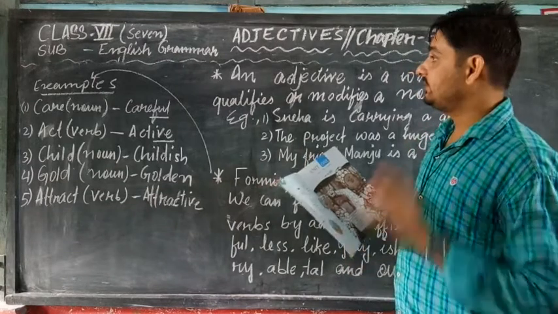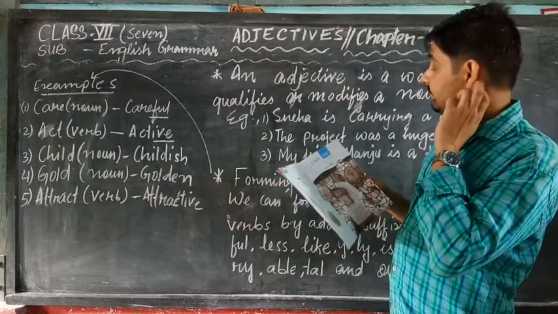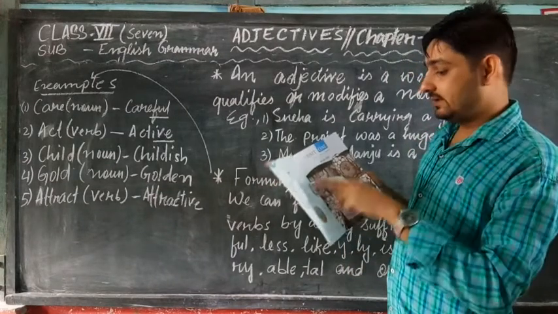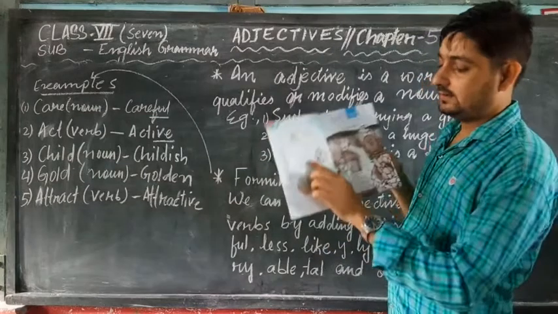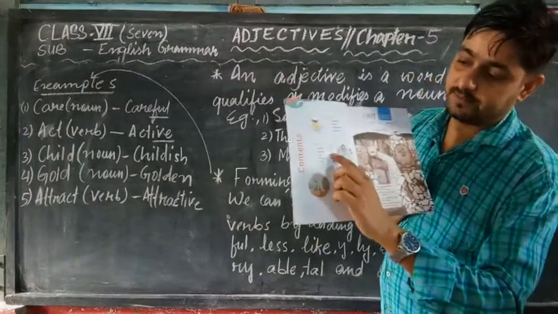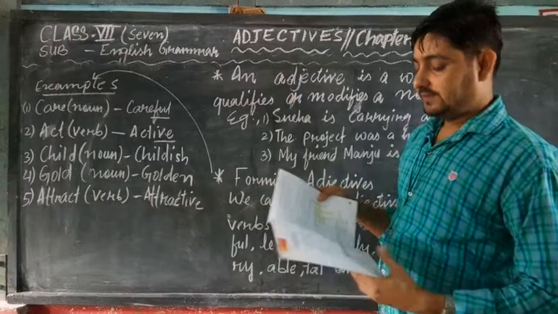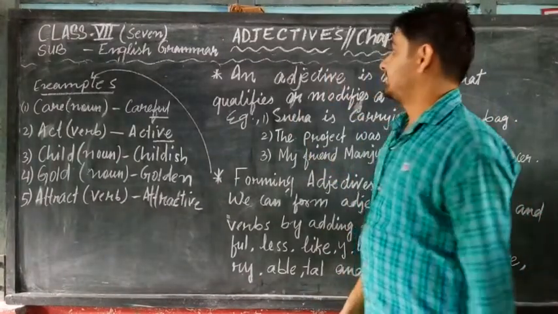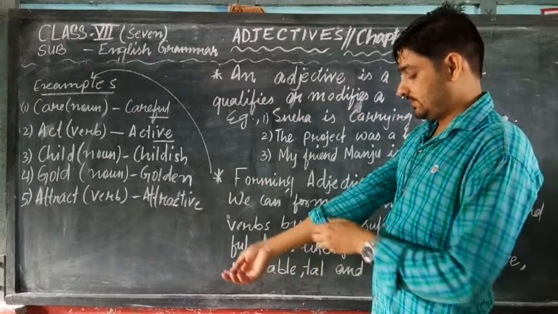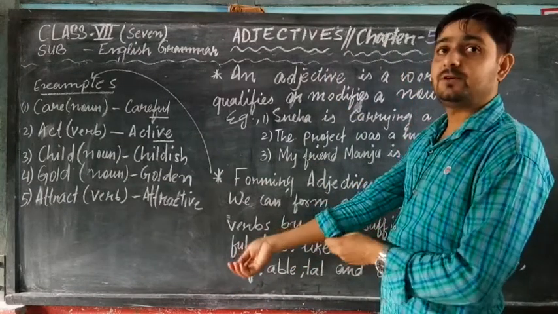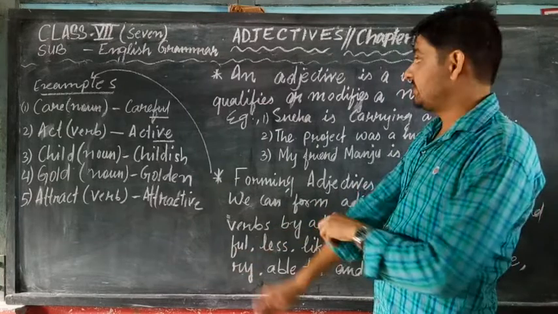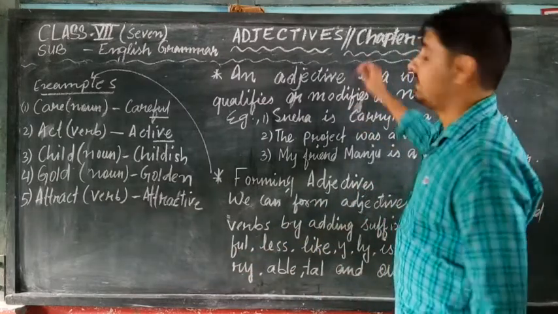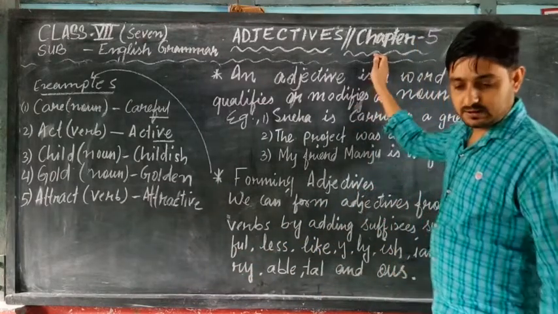Don't worry about this. Today I am here with you with lesson 5, Adjective, page number 36. What is an adjective? This is also a part of our parts of speech. There are 8 parts of speech, as I told you in the previous class.